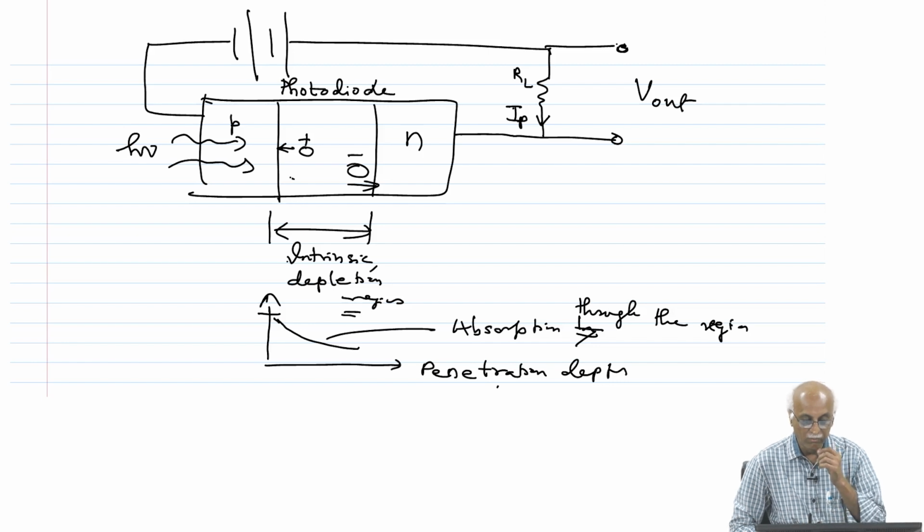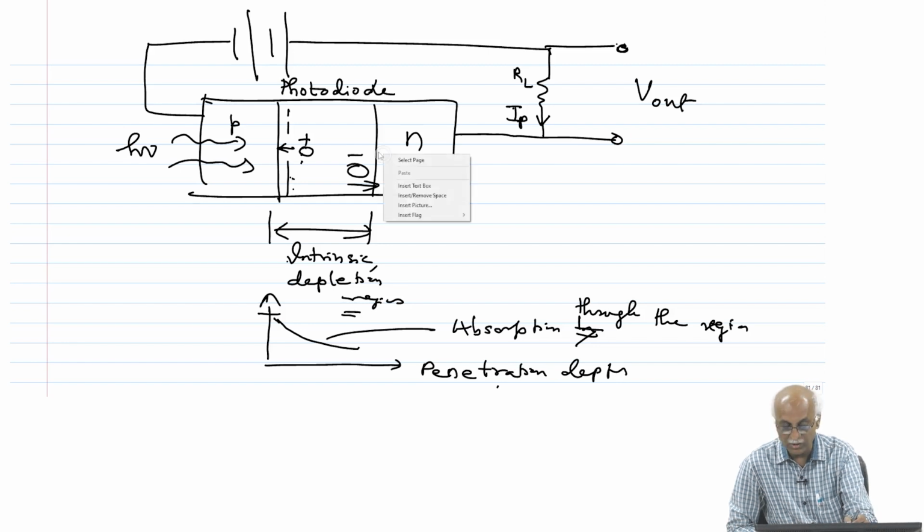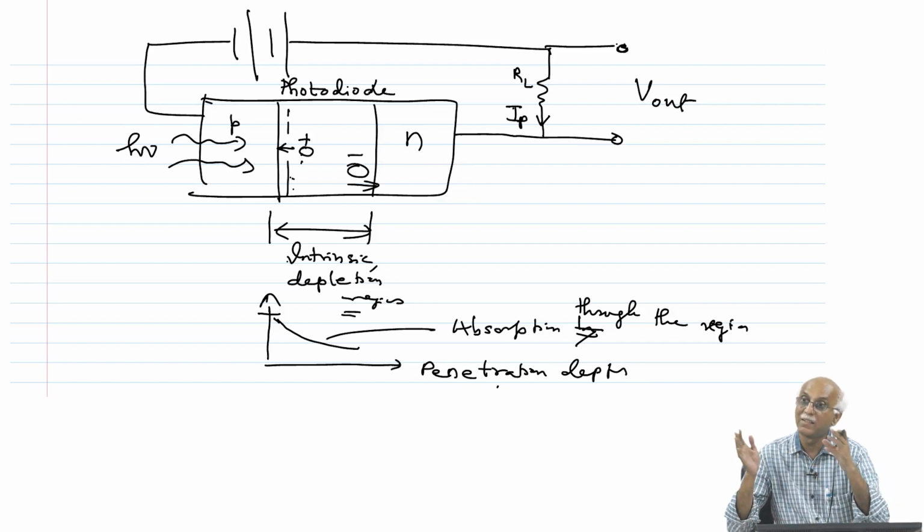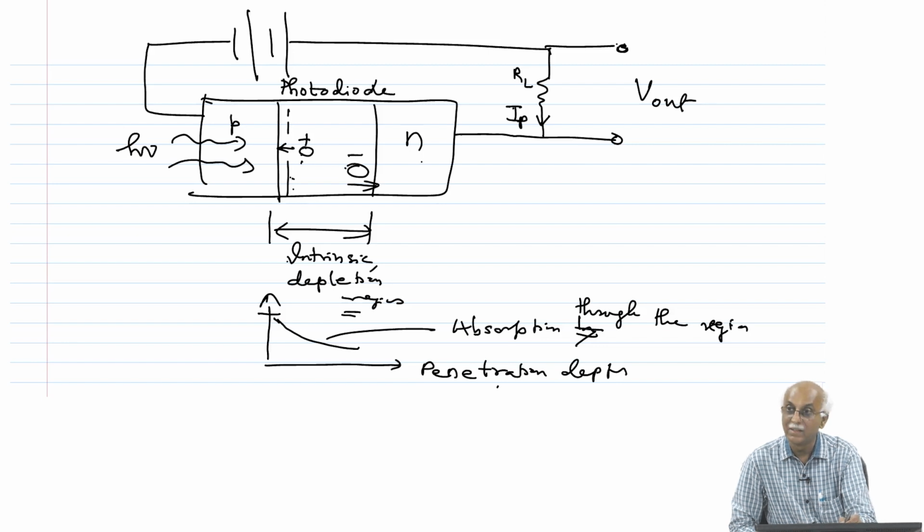We will see what it means. If the depth of penetration is very small, then for electron hole pairs generated over here, by the time the electron reaches this position, it may get diffused and scattered. We want the electron to immediately cross this depletion region and the hole to cross to the other side.